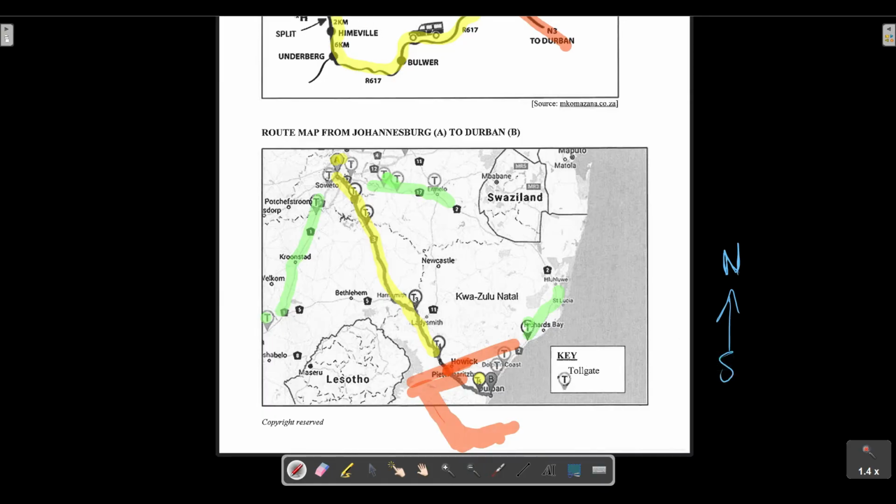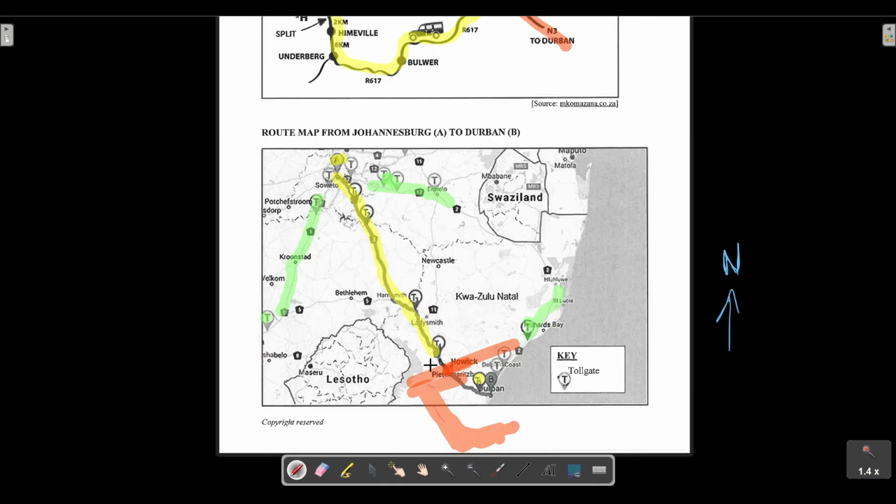So we can just put our own compass there to help us determine whether Howick is on the eastern side of Lesotho. Just take that into consideration because this is actually an actual route map from Johannesburg to Durban, an actual route map of the African continent, right? Where is north? North is in that direction. So take that into consideration.